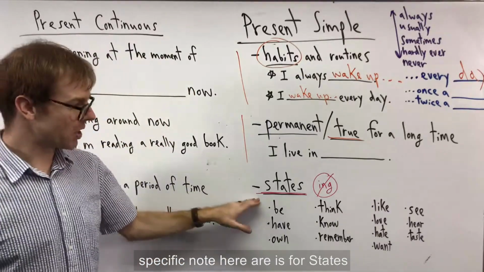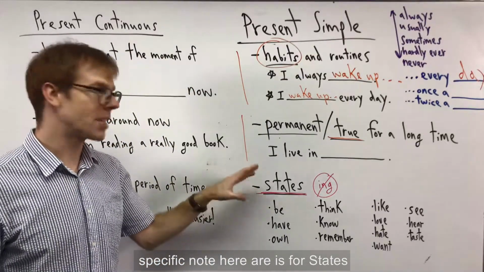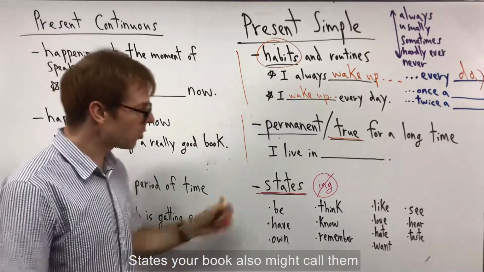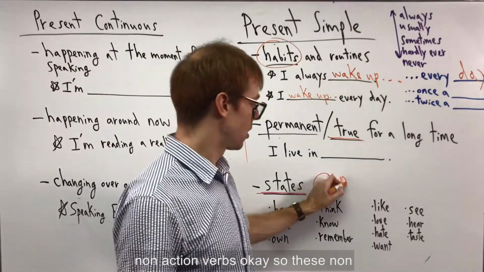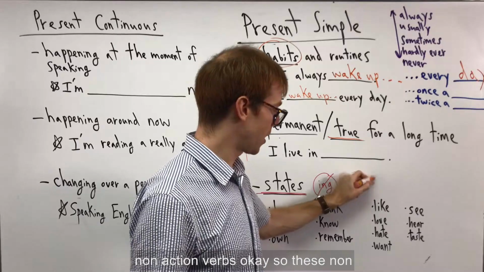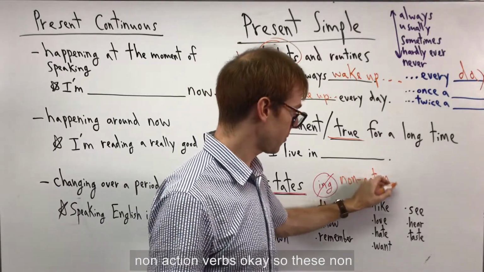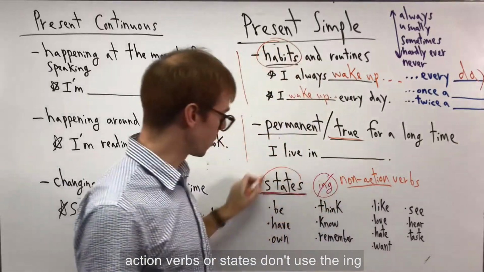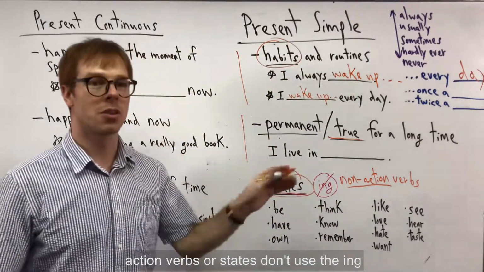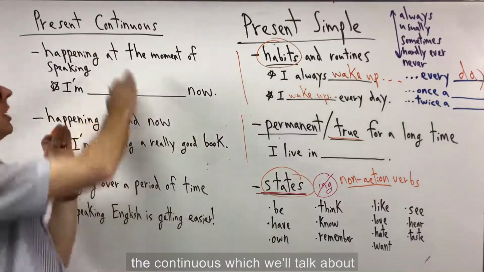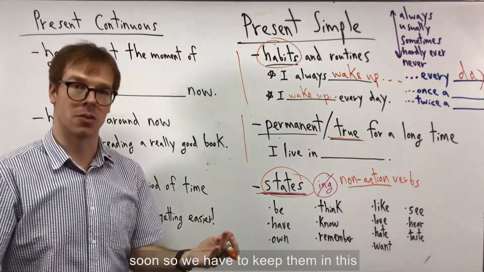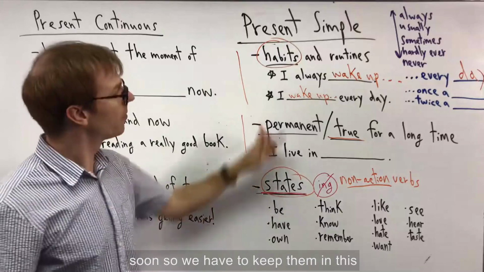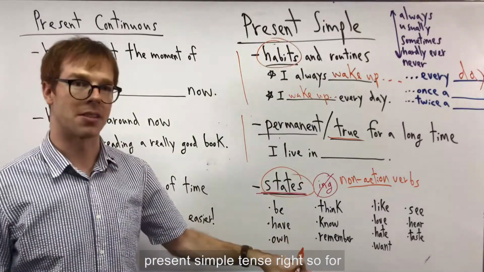One specific note here is for states. States, your book also might call them non-action verbs. These non-action verbs or states don't use the ing, the continuous, which we'll talk about soon. So we have to keep them in this present simple tense.